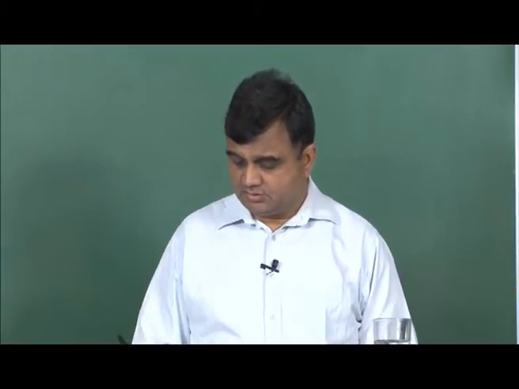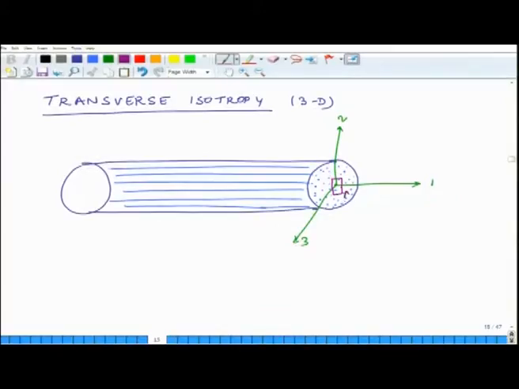So, this is sample A. In sample A, this is my 2 axis. So, it has a thickness. Actually, sorry. I will just erase this.